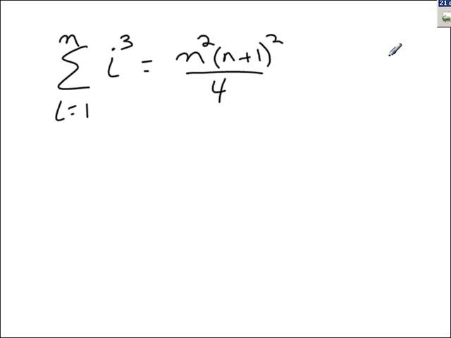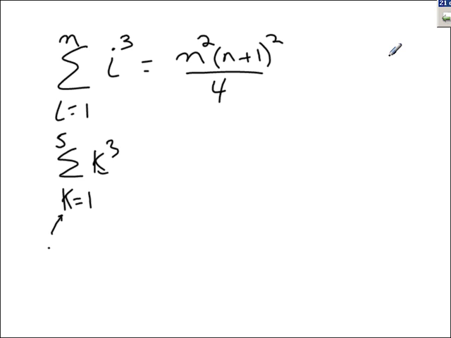Okay, so if somebody were to ask you what is the summation as k goes from 1 to 5 of k cubed, the variable is not i, it's k. That's the variable right there.